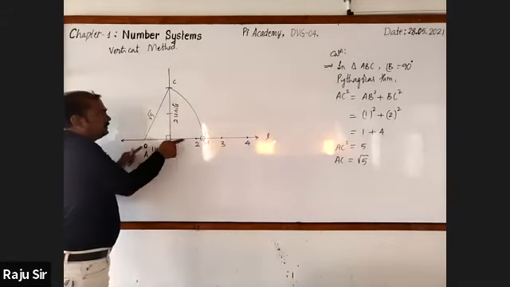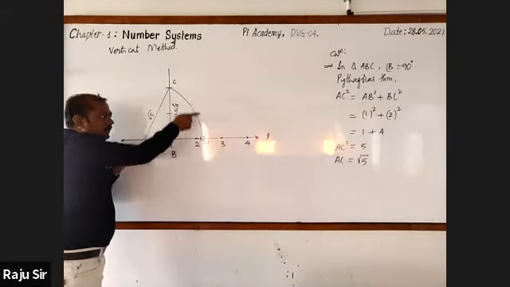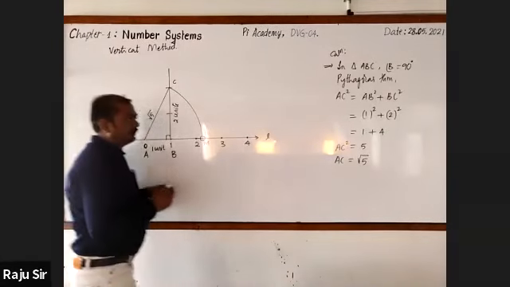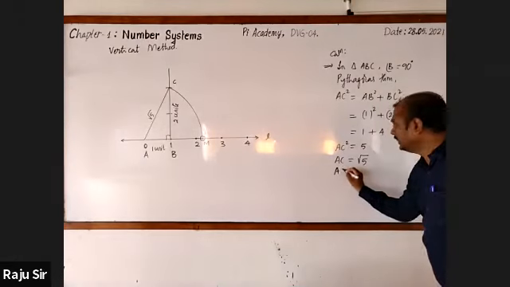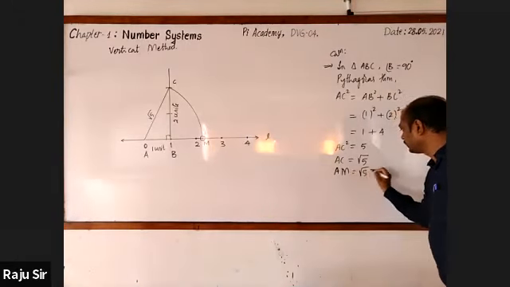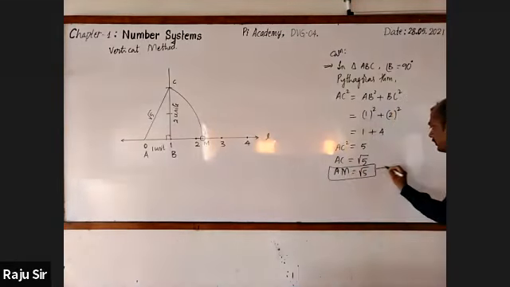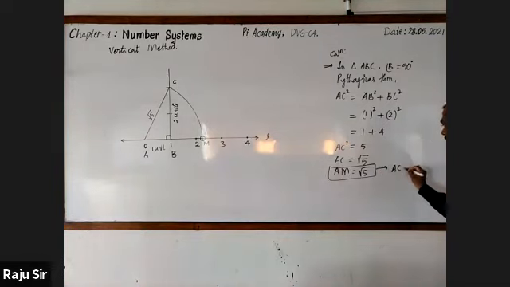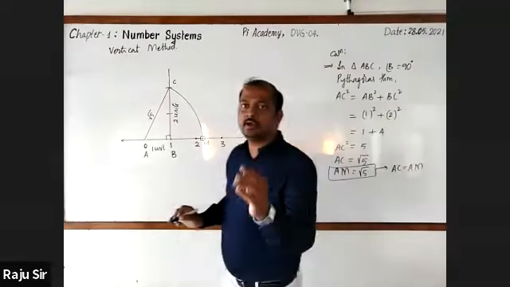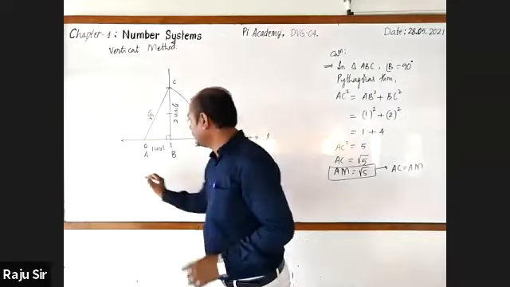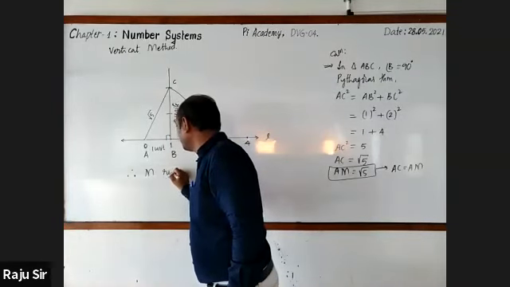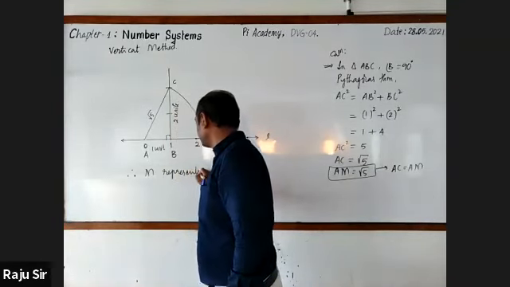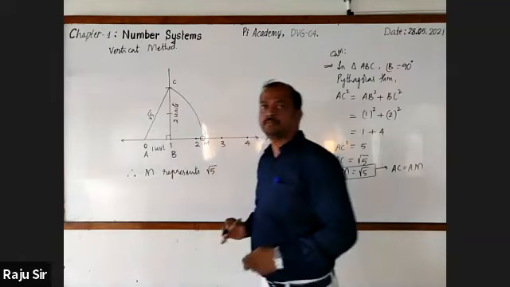The reason is these two are radii of the same arc. Here, in place of AC, I'll write AM. This is equal to root 5, because AC and AM are equal as they are radii of the same arc. And we have written the conclusion: M represents root 5.